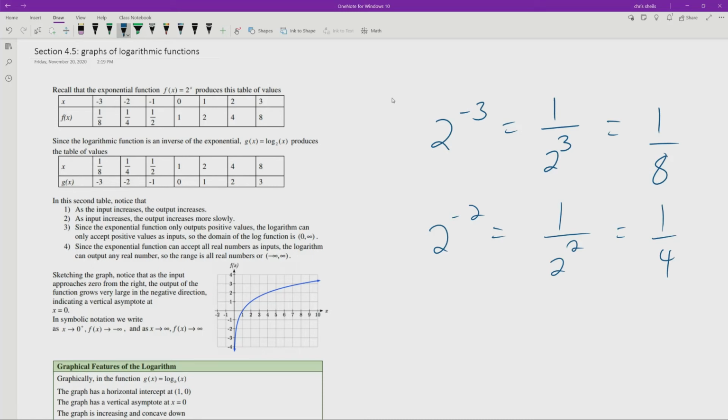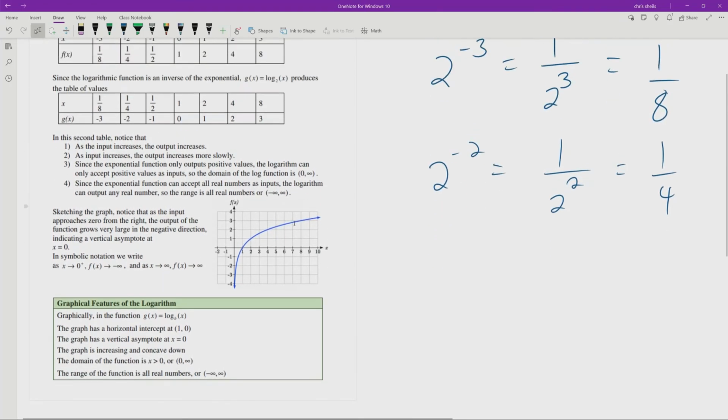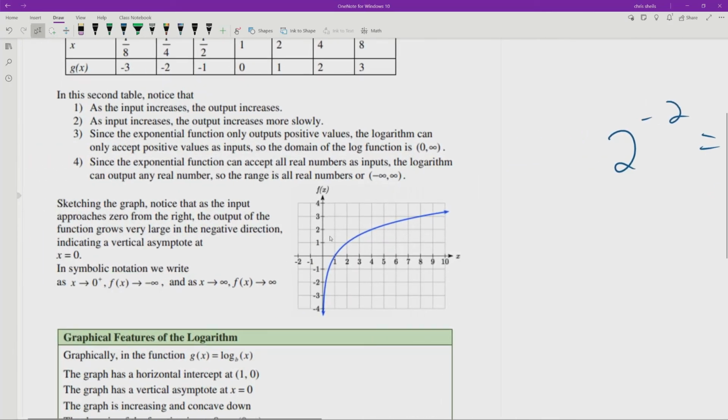And if we were to graph log base 2 of x, notice that as the input approaches 0 from the right, the output of the function is growing very large in the negative direction, right? As I get closer and closer to x equals 0, my function is going downward very quickly.